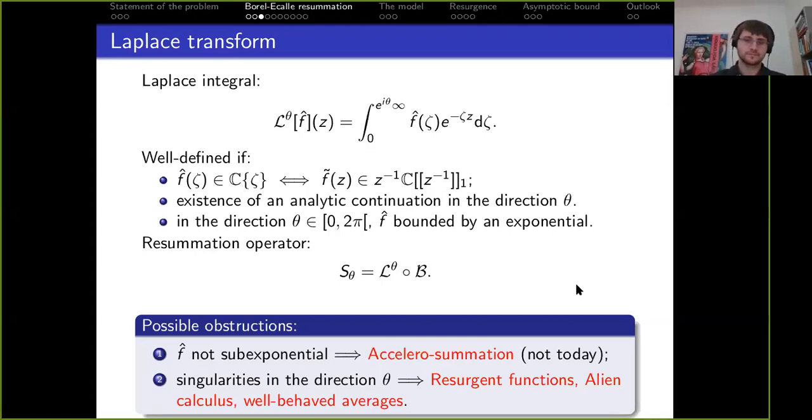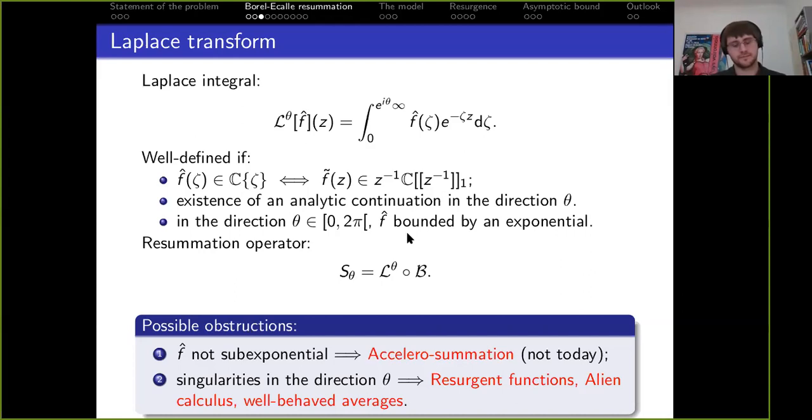So the question is, why does this process not work in physical situations for perturbation theory? Well, even if you have a Gevrey series, there are two things that can go wrong at least. One, very simply, is that f hat grows too fast at infinity, so that the integral does not converge.